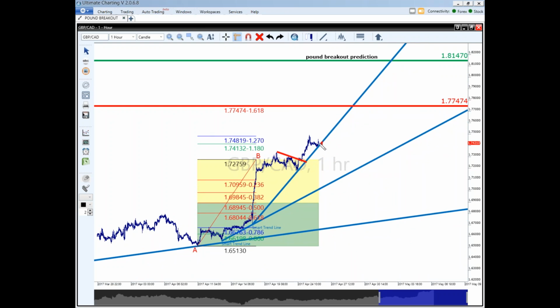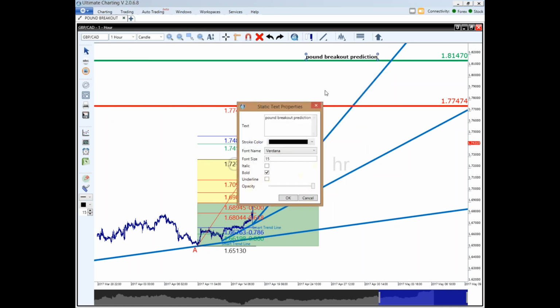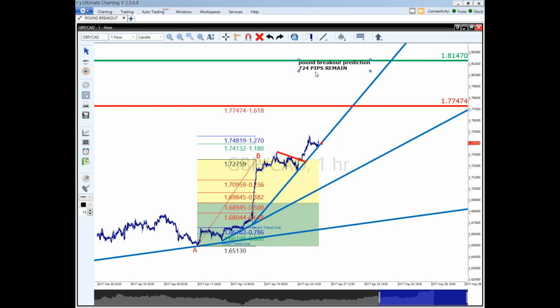And so from the live market to fulfill the pound prediction target, we've got about 724 pips remaining from the live market price. So that's a lot of pips.